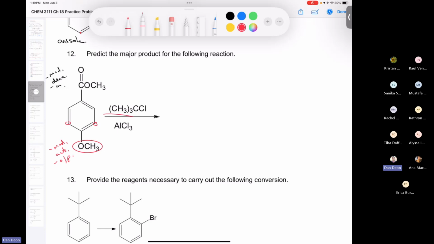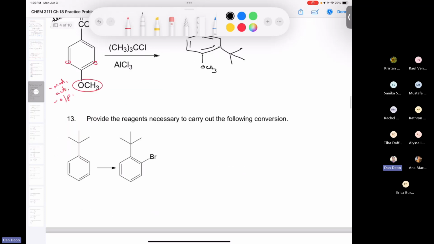And we're adding a tert-butyl group on there. So all we have to do is put the tert-butyl ortho to the alkoxy group and meta to the ester. So we'll start by putting the ester down here. So it's a methyl ester, then we have OCH3 here, and then we have our tert-butyl group. Something like that. All right, give me a thumbs up if you're with me on that one. So we always go with the stronger activator. So if you have something that's moderate, it beats out anything that's deactivating at all.